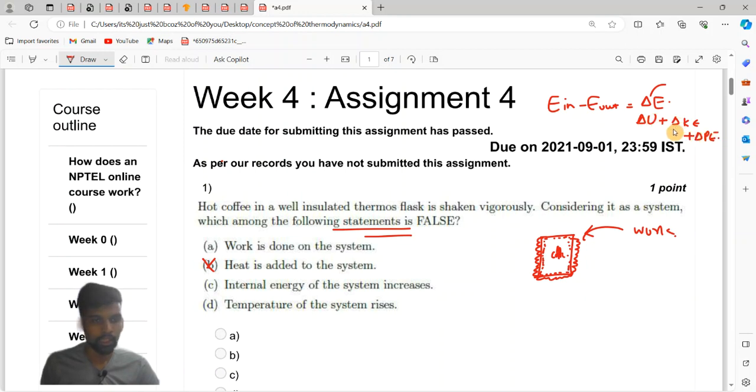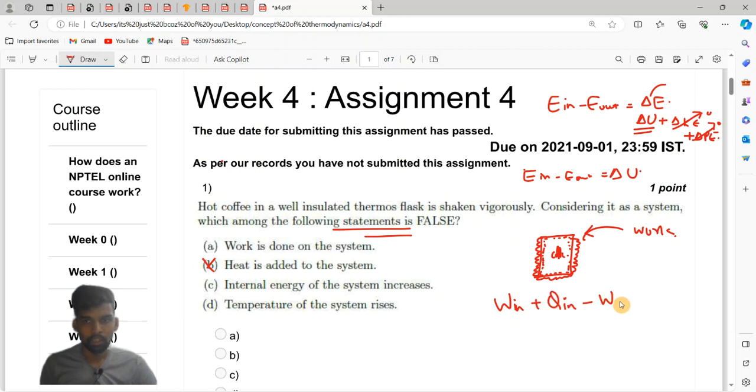If changes in kinetic energy and potential energy are negligible, then we are left with only one component, that is delta U. So E in minus E out is equal to delta U. Energy can enter the system in the form of work or in the form of heat. Energy can leave the system in the form of work or heat. All this will cause changes in internal energy, which is nothing but U2 minus U1.